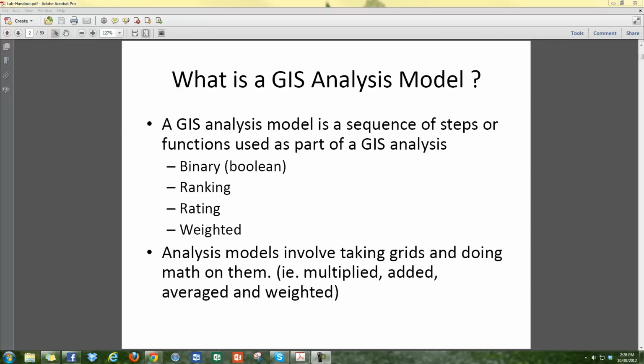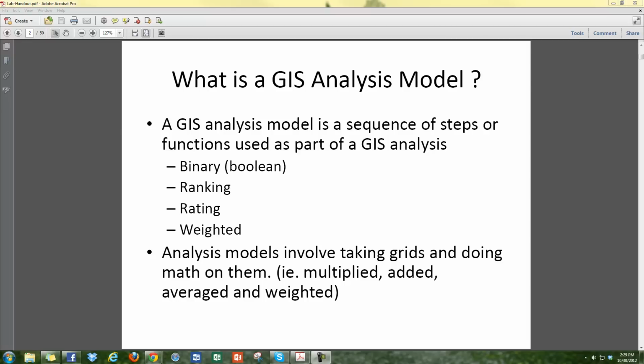Think zeros and ones, think computers, true or false, the way computer language is written. A ranking model would be something where we add different layers together to find the most suitable, giving you a gradation of suitabilities. And then there are rating models and weighted models, which we're not going to look at too much today, but I want you to know there are multiple models existing, not just the two that we're going to look at.